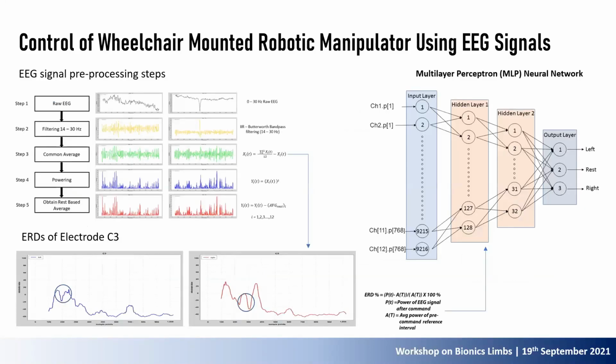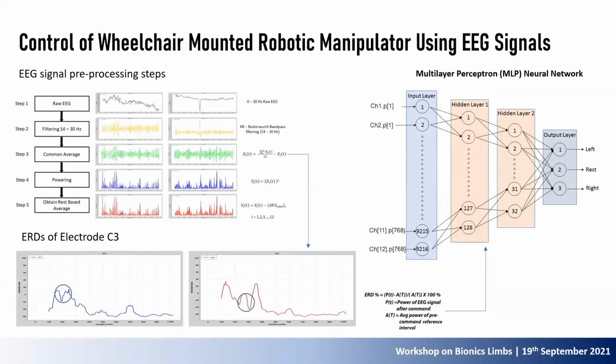Our proposed algorithm consists of signal pre-processing and then feature extraction to detect the motor imagery signals. But I must tell you that these motor imagery signals are pretty difficult to see in raw EEG signals, unlike SSVEP as we used in previous studies. Therefore, it was really challenging to detect these signals. So we had to use a bit of advanced machine learning.